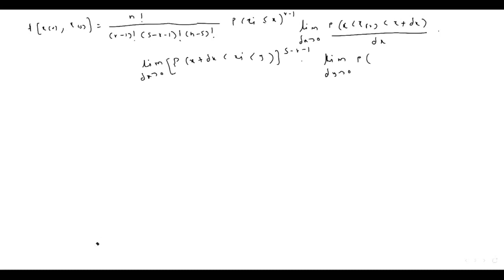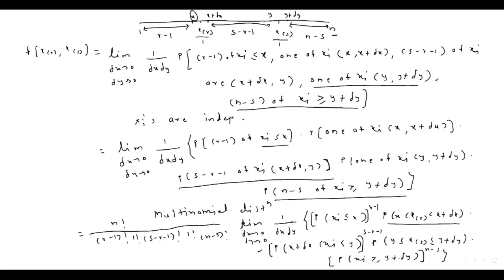What I have is the probability that X of s is in between y to y plus delta y, divided by delta y. Because if you observe the definition, this is nothing but the definition of f of y, that is the PDF of y. Fine. Into, if you observe the last term now, the last term again contains only delta y.